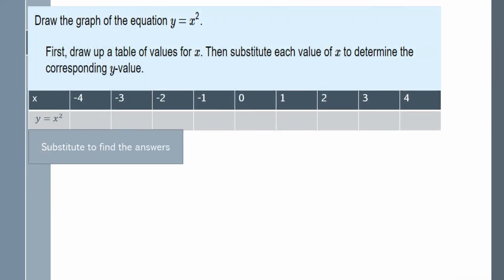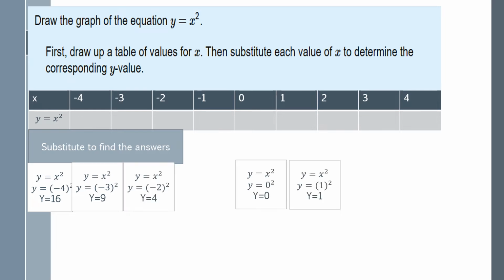Now, if you want to draw the graph for y equals x squared, first you have to draw up a table of values for x, and then you will substitute the value of x you chose in the y value. So, -4, you just substitute it to find the answer. -4 squared means 16. -3 squared is 9, not -9, because -3 squared is -3 times -3 to get +9, and so on.